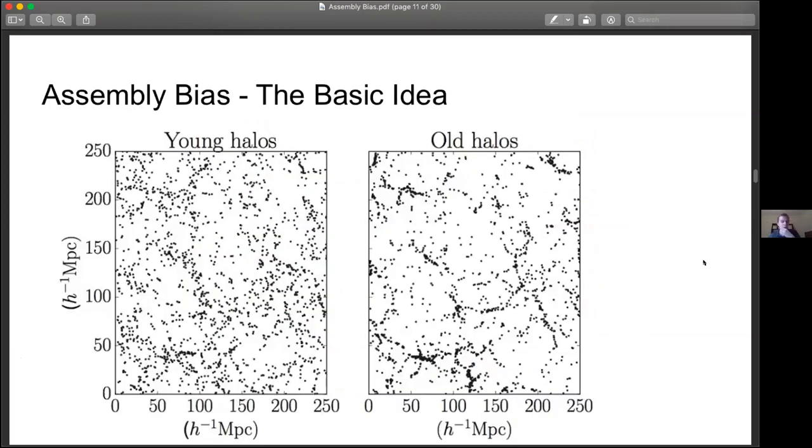But the takeaway of these correlations is that the statement of assembly bias really means that halos and possibly the galaxies inside of them look and behave differently in different parts of the universe. So if you're doing analysis which cares both about the stuff inside of a dark matter halo, what it looks like inside of the outer boundary, and you care about the locations of those dark matter halos, then assembly bias is something that you have to deal with at some level.